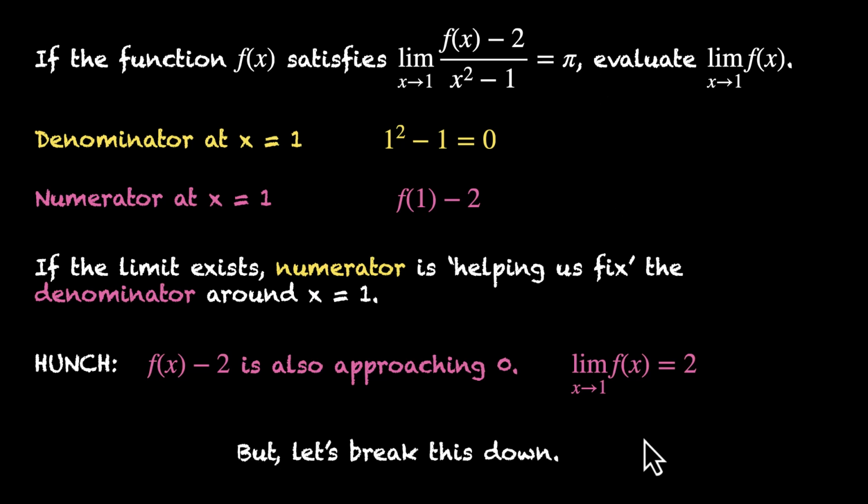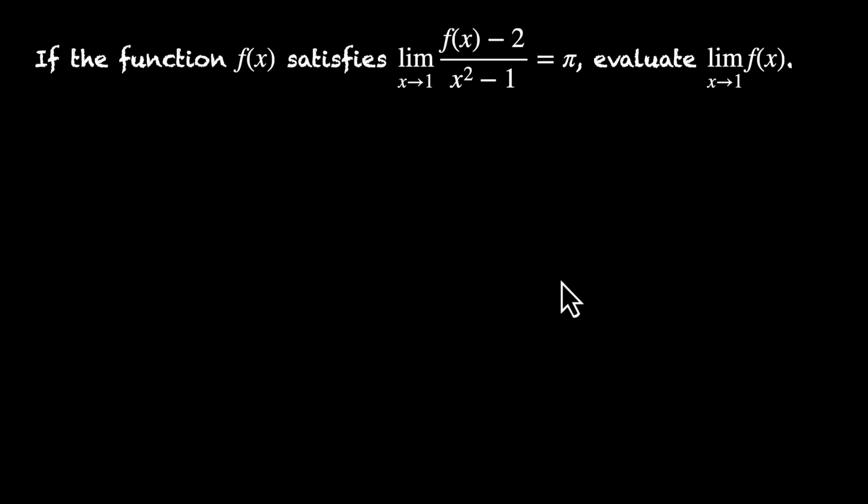But let's break this down. Let's not take this hunch as our answer. Let's solve this. Alright. So we have the limit as x approaches 1. Let's find the left hand and right hand limit of this expression. So the left hand limit will be the limit as x approaches 1 minus of (f(x) minus 2) by (x square minus 1). That's equal to pi because the limit is pi.